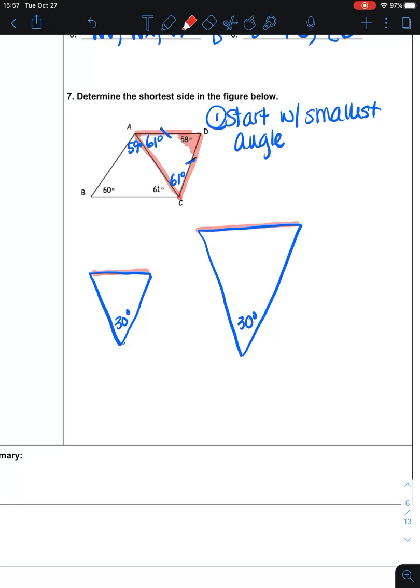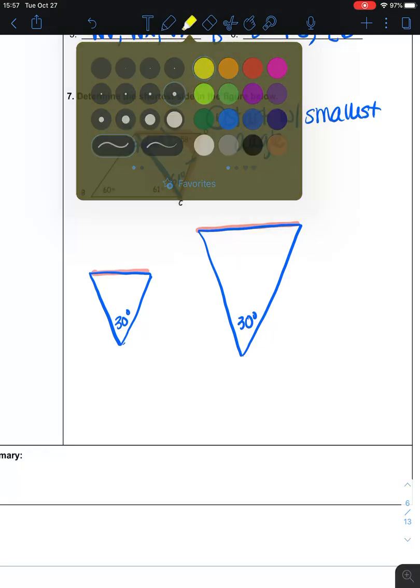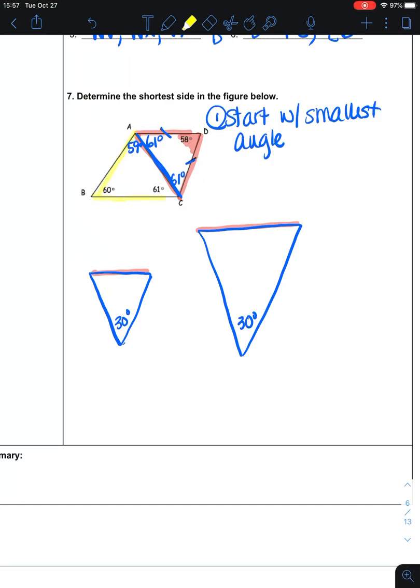So based on just this triangle right here, I know that AC is the smallest of the red triangle. Okay, so AC is the shortest length of that triangle. But in order for AC to be the shortest length of both triangles, it also has to be the shortest of this other triangle. I'll color it yellow so you can see it. So we look, is that blue side the shortest length of the yellow triangle?